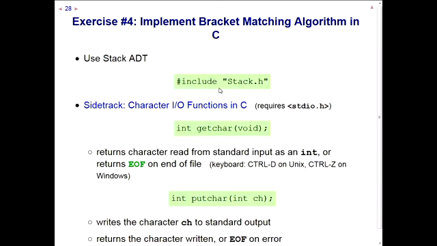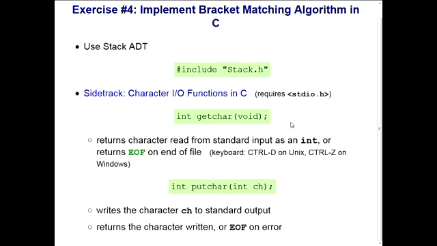The first thing to do, if you want to use the stack abstract data object, is, in order for your client to be able to use these stack operations, to #include the header file, which means that you have access to all these functions without knowing how they are implemented.